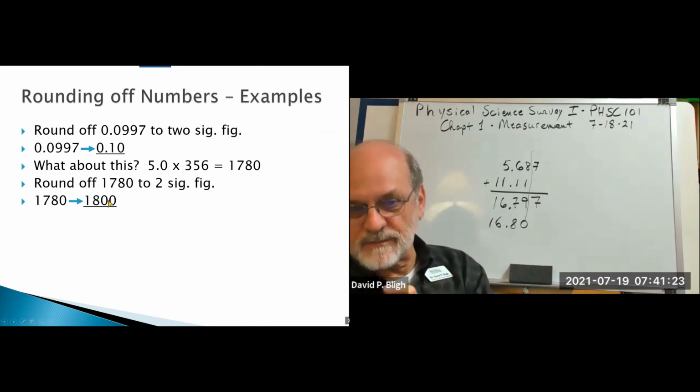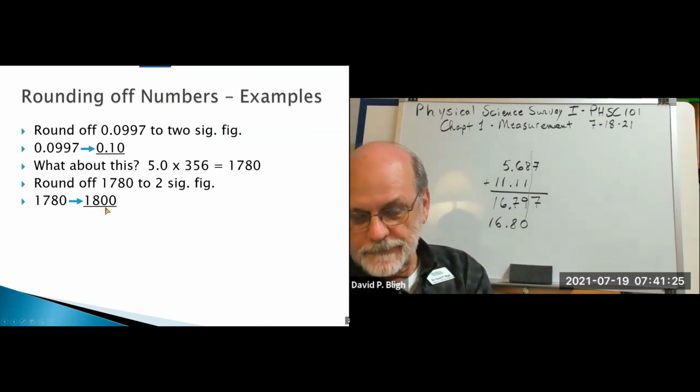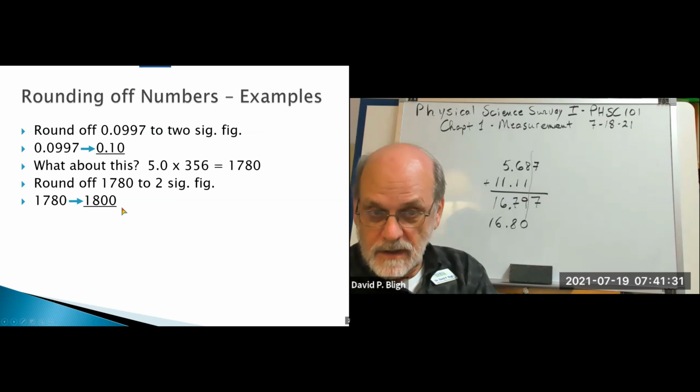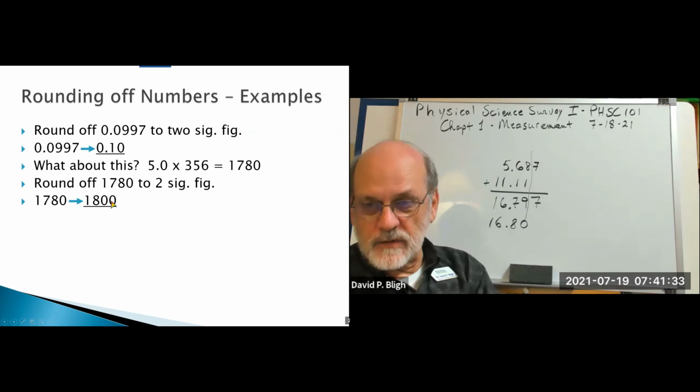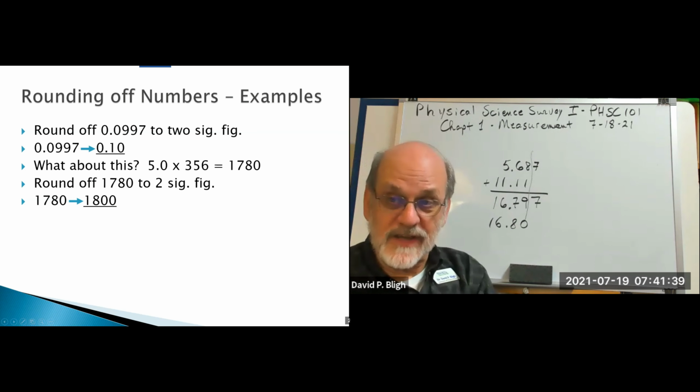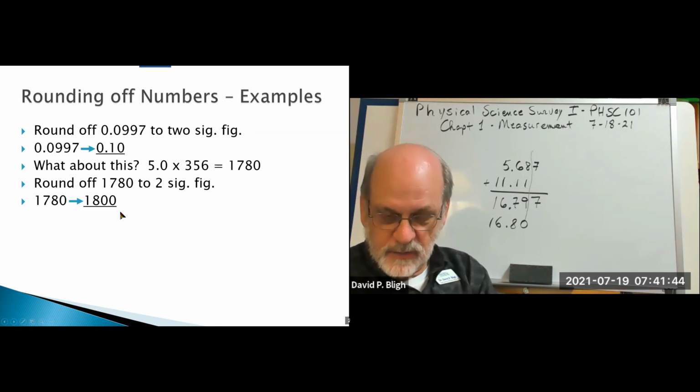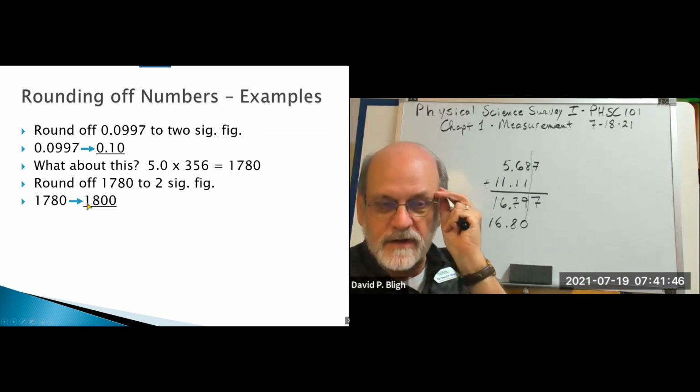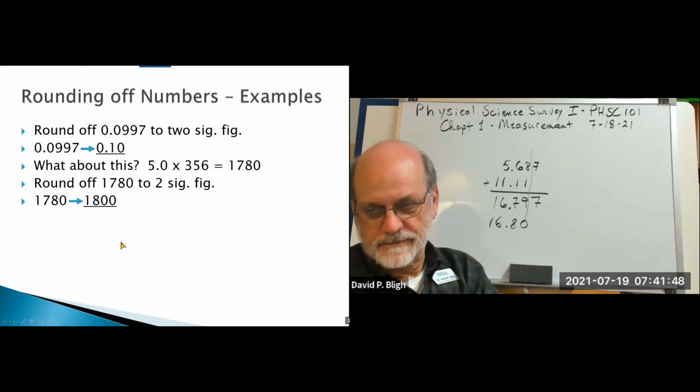That position is maintained in this 0, right? So 1800 is the correct answer. And we keep those 2 zeros as placeholders, but we don't put a decimal there. Because if we put a decimal, then we're saying that they're all significant, but they're not. So we leave the decimal out. Now we only have 2 significant figures.